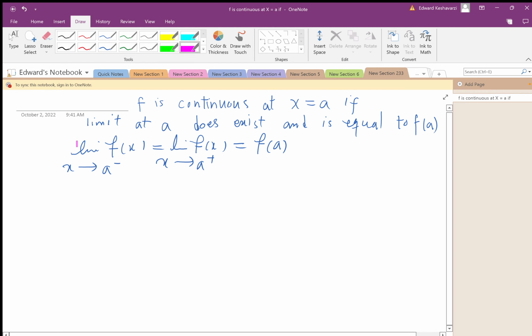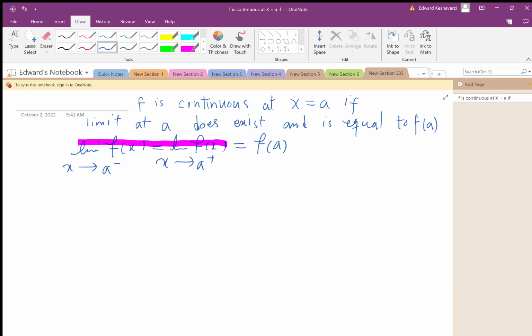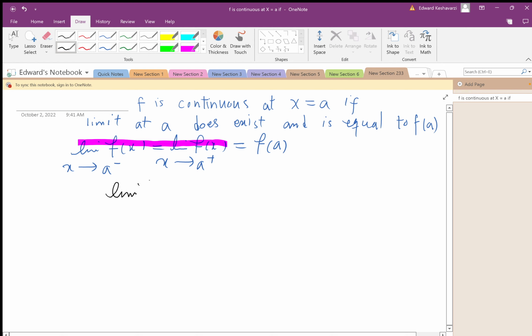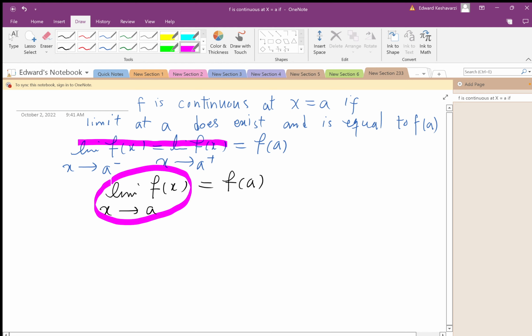So we can combine these two and write a new definition, same, but more brief, because this one stands for existence of the limit.